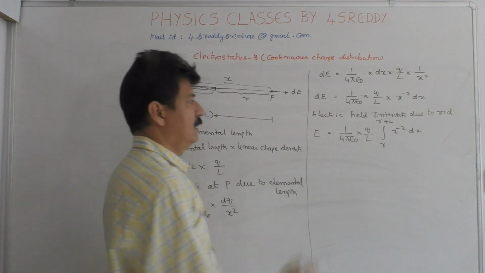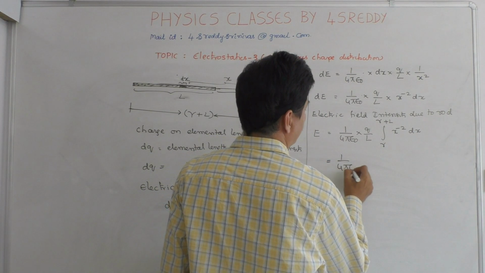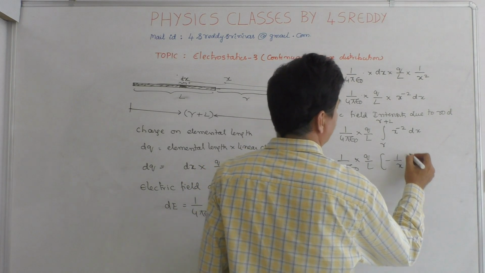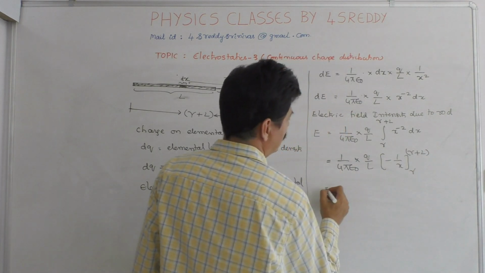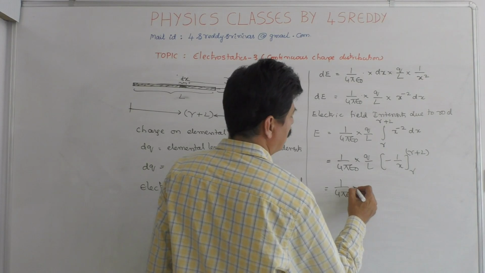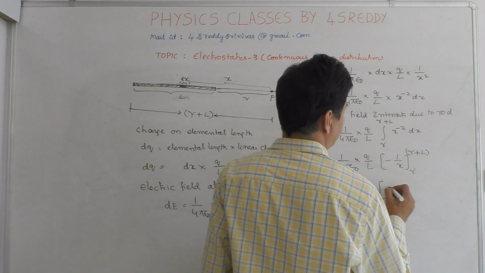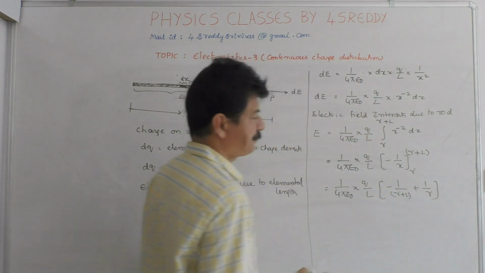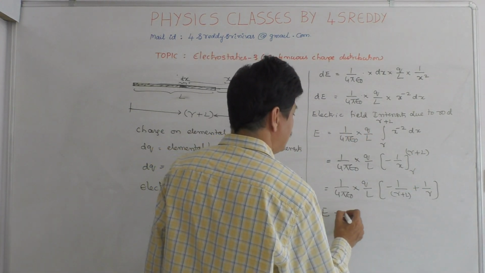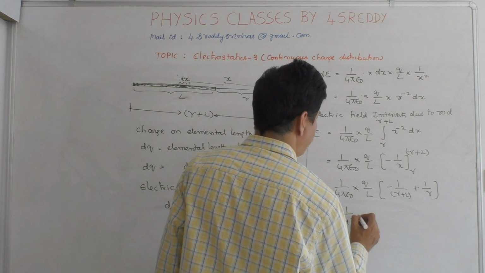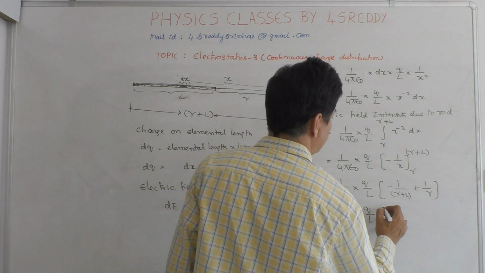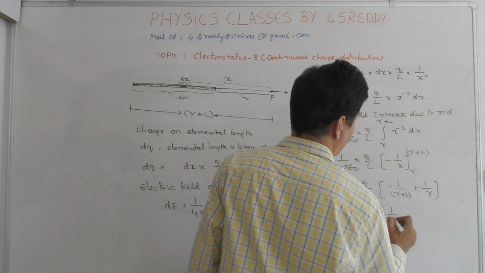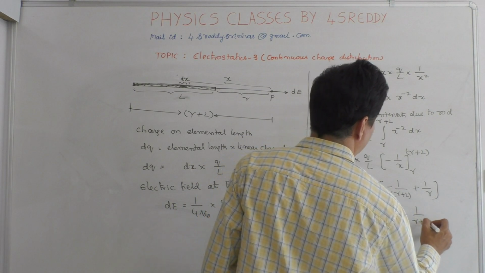Minus 2 plus 1 gives minus 1. Therefore E equals 1 by 4 pi epsilon naught Q by L into minus 1 by x from r to r plus L, which is 1 by 4 pi epsilon naught Q by L into minus 1 by r plus L plus 1 by r. Therefore E equals 1 by 4 pi epsilon naught Q by L into 1 by r minus 1 by r plus L.